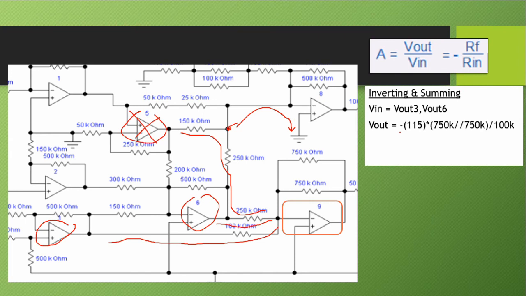V out is equal to, for V3, that is 115 millivolts.